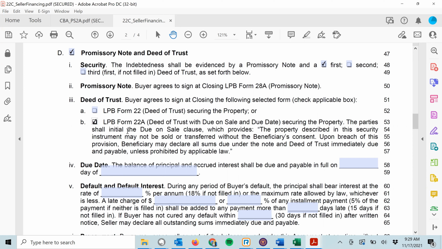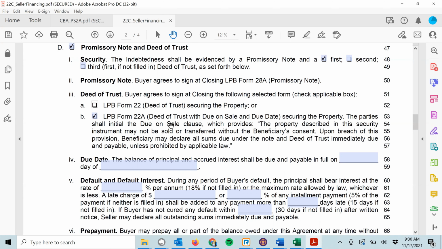If I'm doing this for Laine, even though we know each other, I'm still going to look at his credit. I'm going to look at his income. I'm going to figure out, can he afford this? Well, if he sells it to some schlep that doesn't have two nickels to rub together, I would never have approved that. So that's why I want to have the authority to call it due if he does that. If I use this one, then he could sell it and I just have to pray that the payments continue. Does that make sense? Yeah.